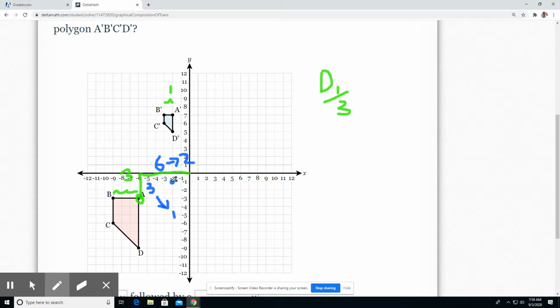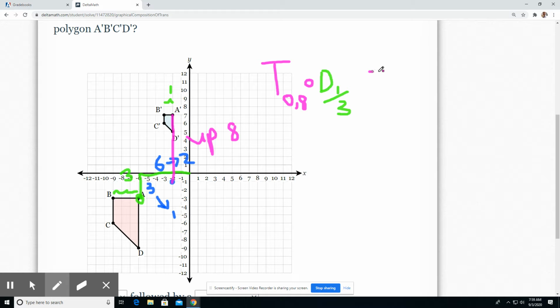And then let's see how many spaces it got moved up. Let's change my color. So it got moved up 1, 2, 3, 4, 5, 6, 7, 8. So it got moved up by 8. So that's a transformation that comes secondly, and up by 8 would be a 0, 8 for that translation. And this is composition.